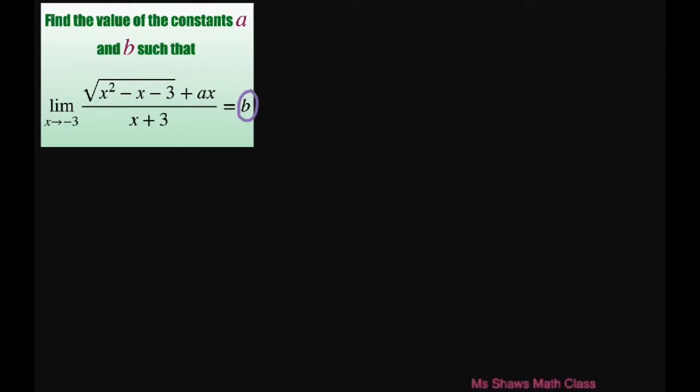We also know that when x approaches -3, the limit of x plus 3 equals 0. Since we have this as our b and the limit exists, that means our numerator must also equal 0.